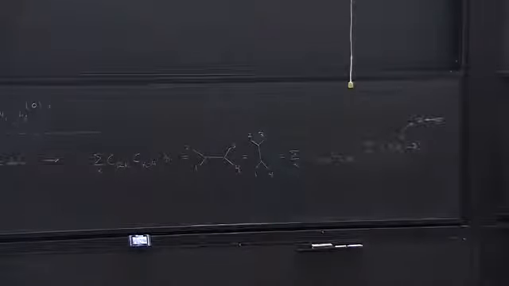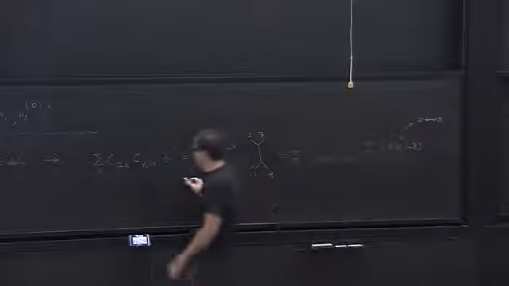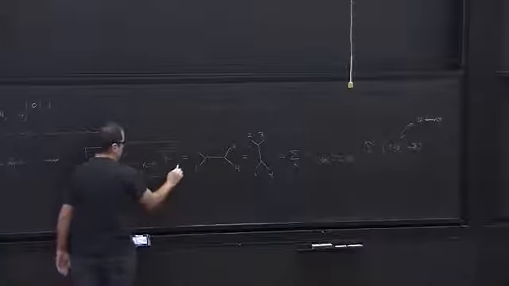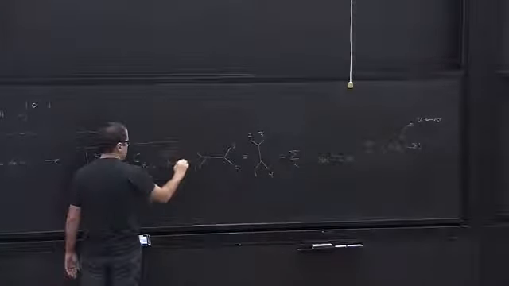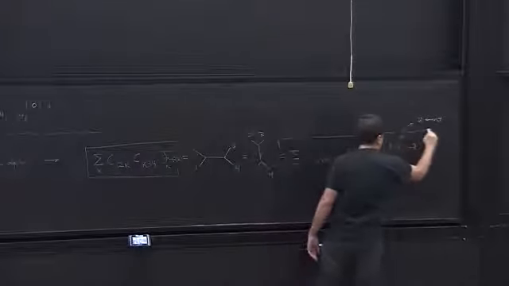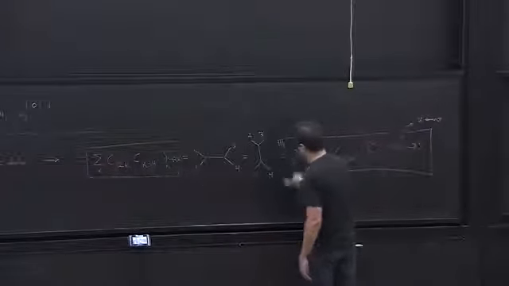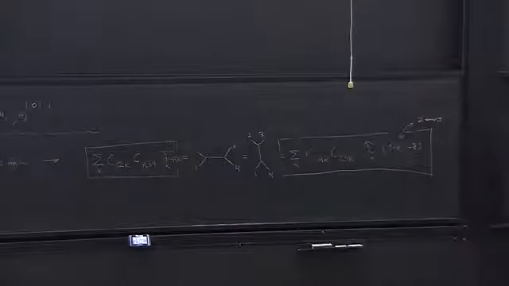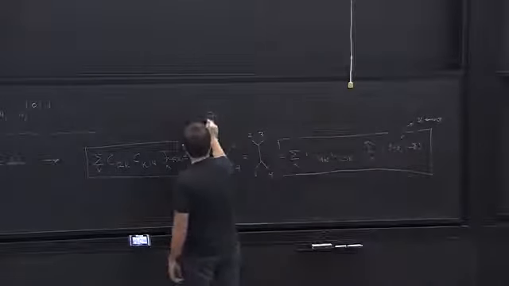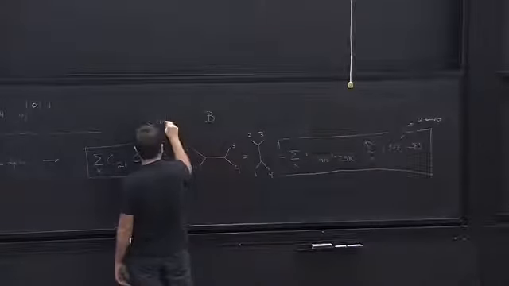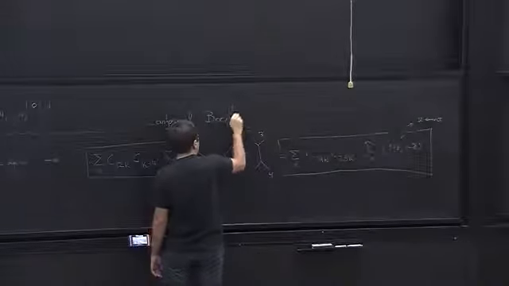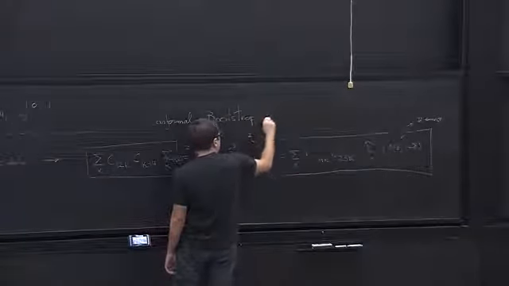So this gives me a very, very non-trivial equation. The fact that the sum of conformal blocks in this channel is equal to the sum of conformal blocks in the other channel. So these are what are called the conformal bootstrap equations.